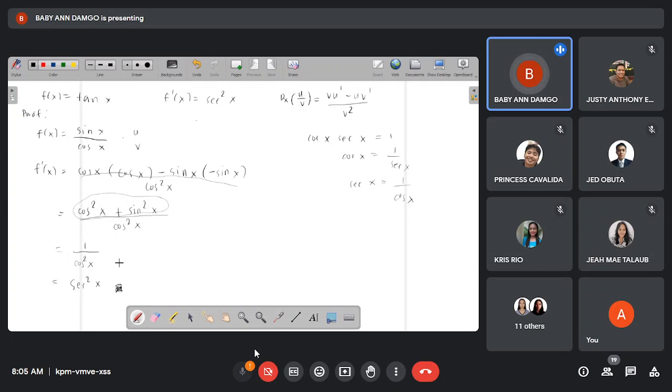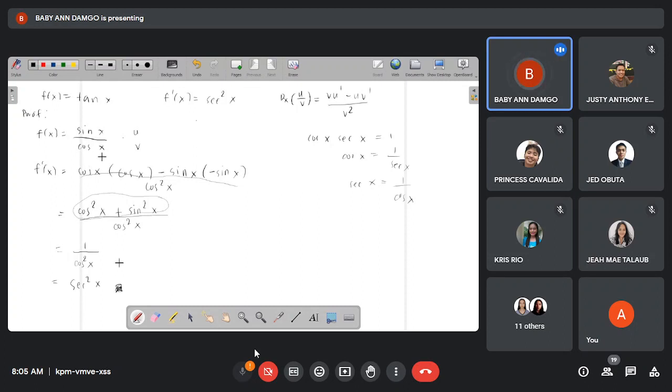So, balik. The definition of tan x is equal to sin x over cosine x. Okay? So, atong gi-apply ang quotient rule para makakuha ta sa derivative. The derivative of u over v is equal to vu prime minus uv prime over v squared.